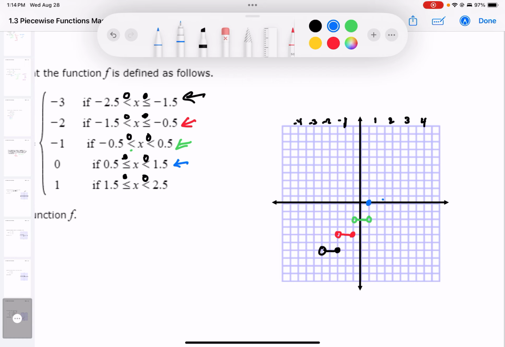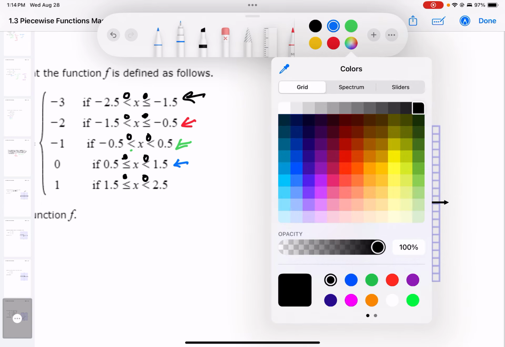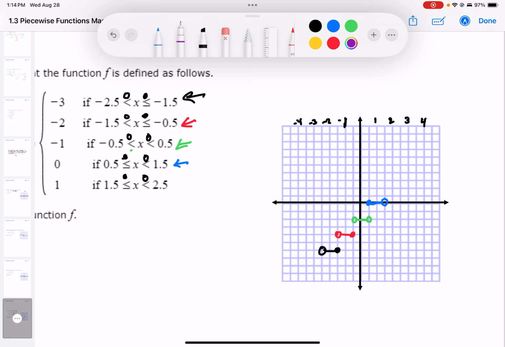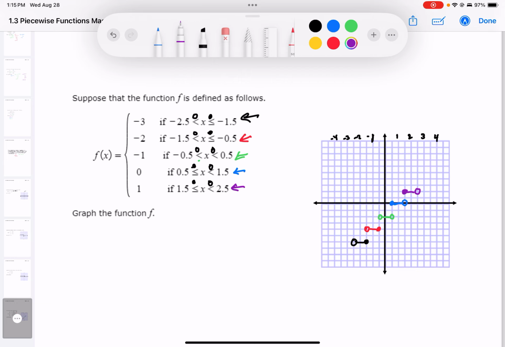Then we do have an open circle on the left this time. There, and then last, let me grab purple. Then we got 1.5, and we got a closed circle. This is our purple. Our value is 1, so that looks good.